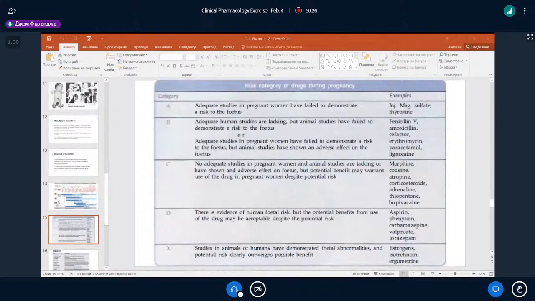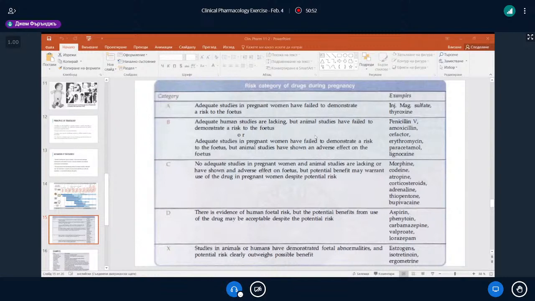And this is actually another very important table that can get asked in the exam about the different categories of drugs, which are A, B, C, D, and X, depending on the risk of getting malformation. So for drugs that are category A, there are adequate studies in pregnant women that have failed to demonstrate a risk to the fetus.